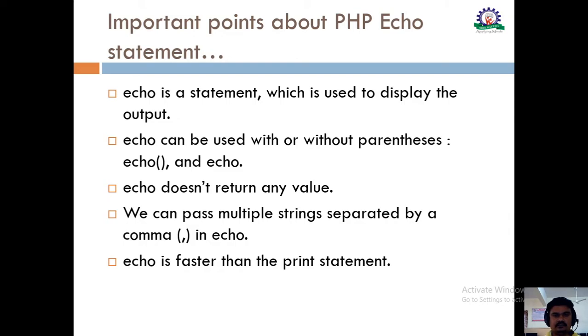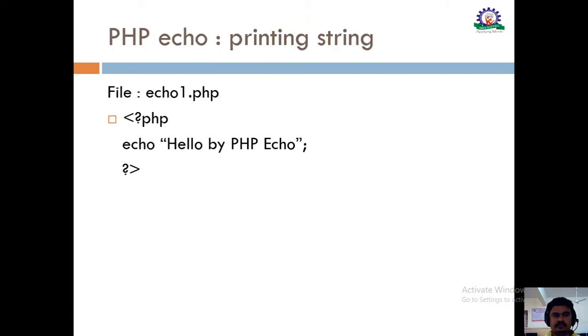As I told, there is another statement available to display output, that is print. In a comparison of echo and print, echo is faster than print. As we noted in the important points, I can print a single line, I can print multiple lines, or I can pass multiple strings in the same statement.